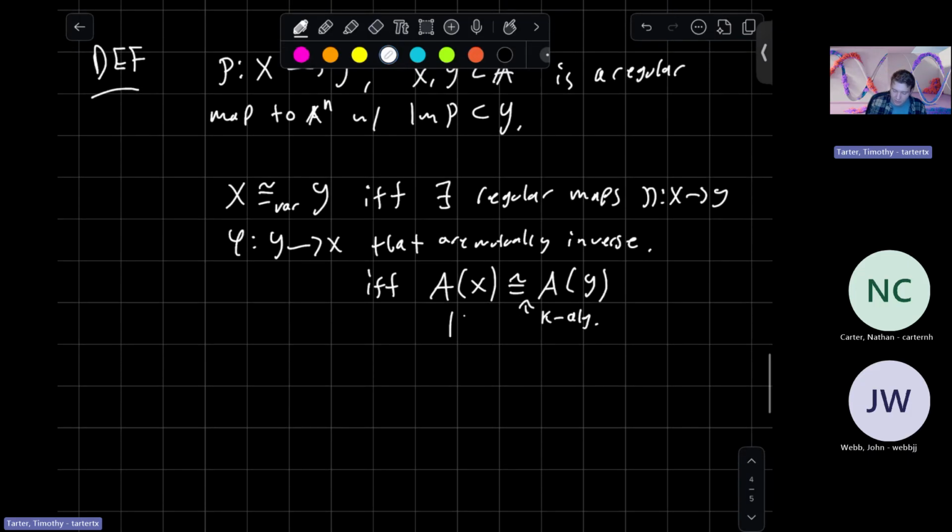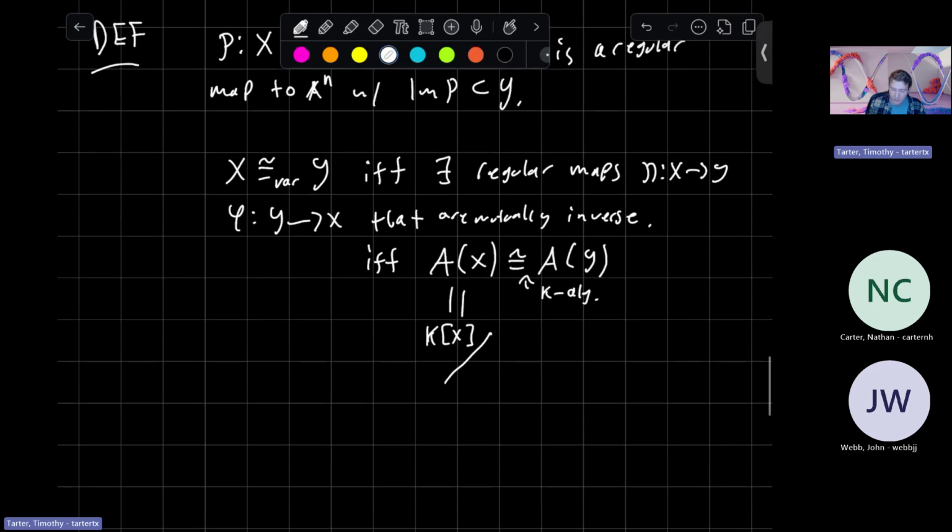And just a reminder, the coordinate ring is going to be the polynomial ring that we're working with mod the ideal of the variety that we talked about last time.